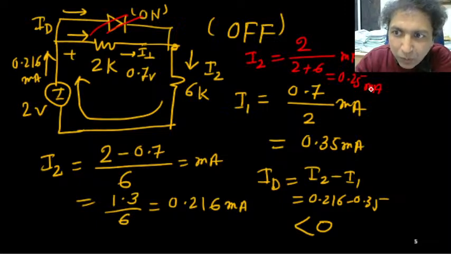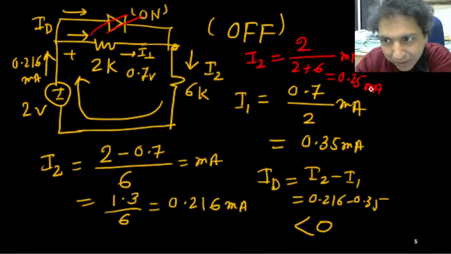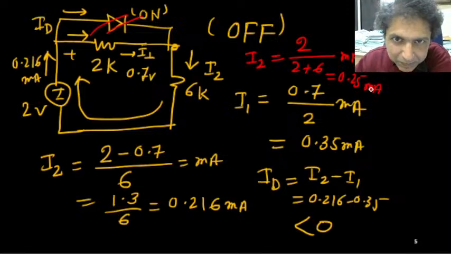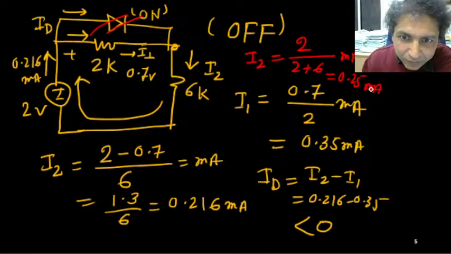So it is 2 upon 6 that will be the current, meaning 1/3, 0.33 milliampere. Exactly, you are correct. I hope all of you are convinced. We can move forward.